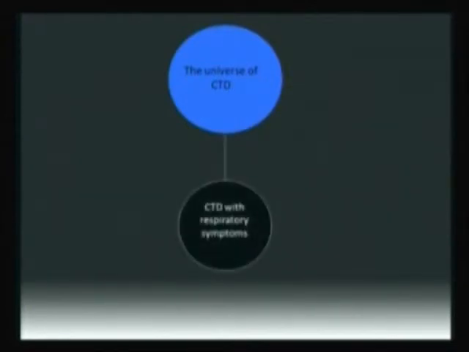CTD is a universe. Connective tissue disease is really a huge constellation of different patients, different diseases, different definitions, different categorization, different prognosis. It's very diverse, it's huge. But within connective tissue disease, you have some patients who have respiratory symptoms.